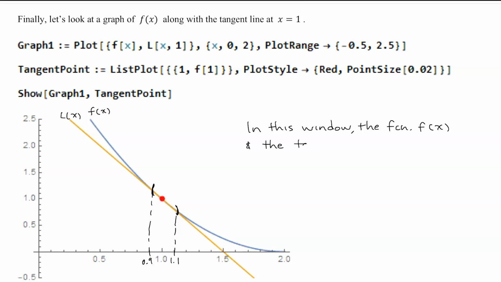In this window, the function f of x and the tangent line L of x are indistinguishable. That's a big word. You can't tell them apart.